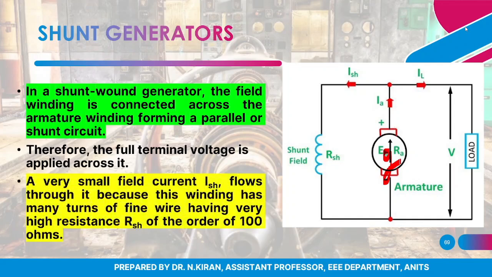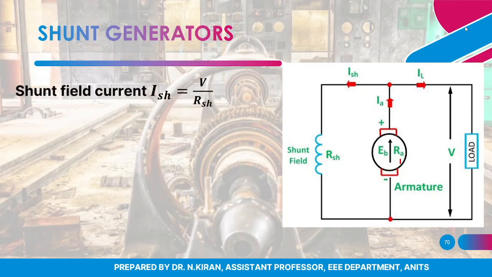A very small current ISH flows through the field winding. It has many turns and the resistance is also very high. So the shunt field current ISH can be given by V by RSH.